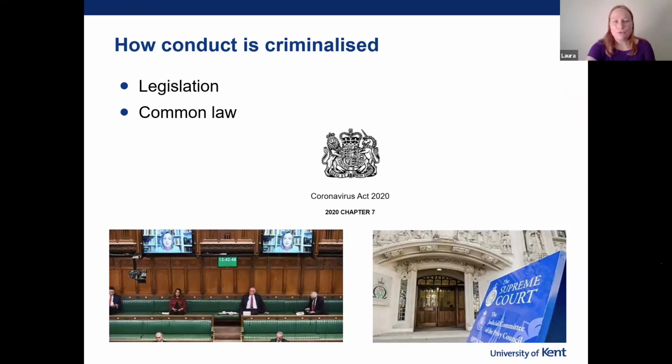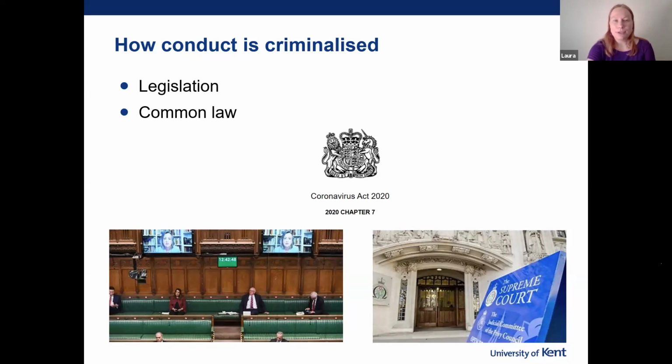Well, there's two main ways that we have crimes created. The first is through legislation, and the second is through the common law. So legislation is something that comes from Parliament. I've put a picture there of a recent sitting in the House of Commons.